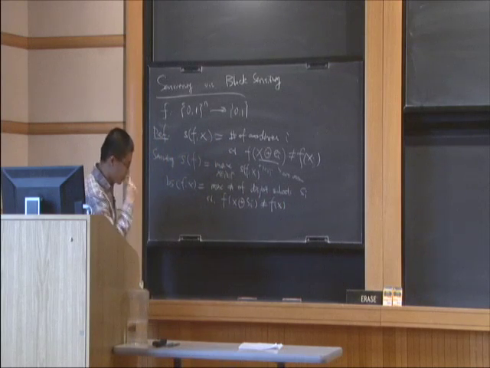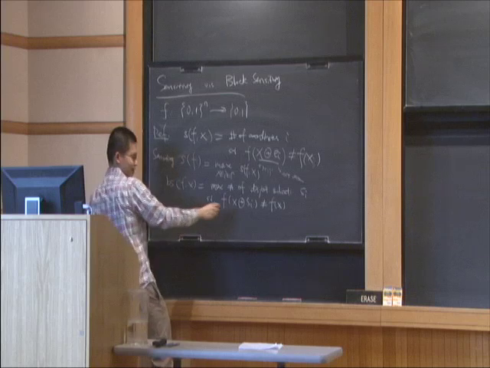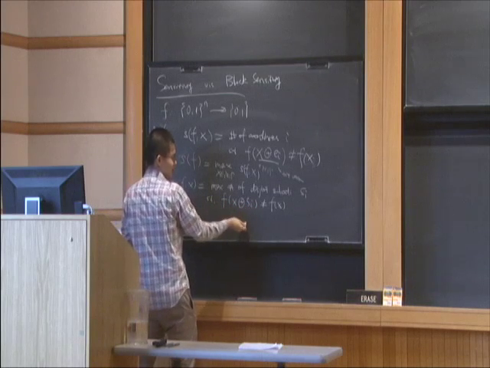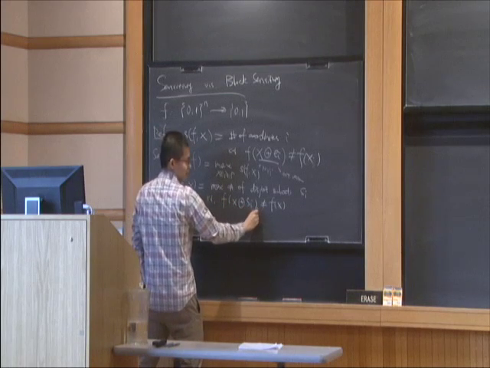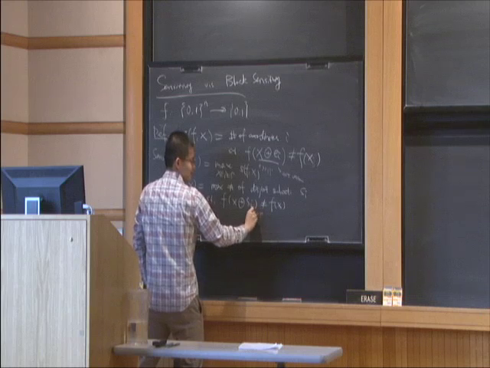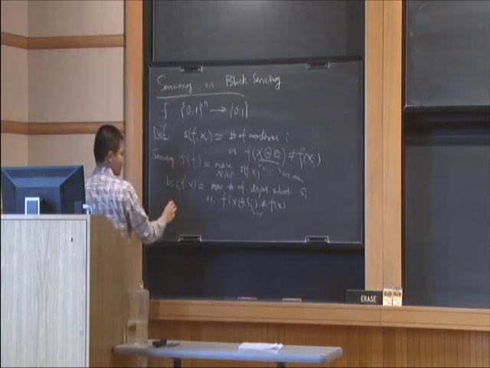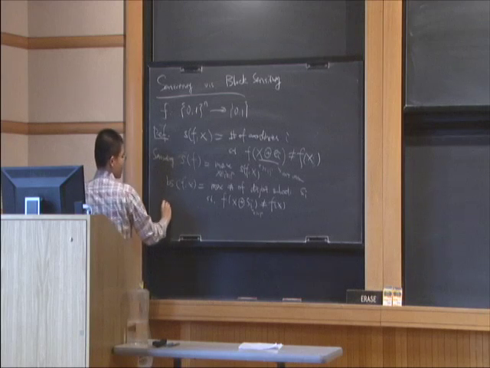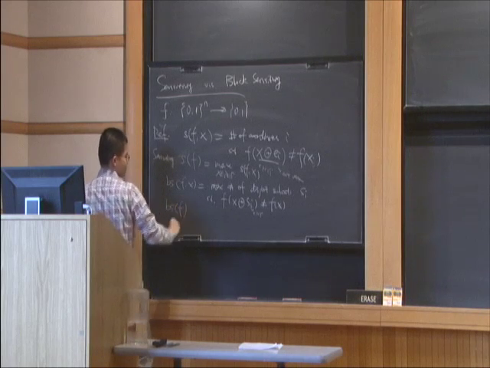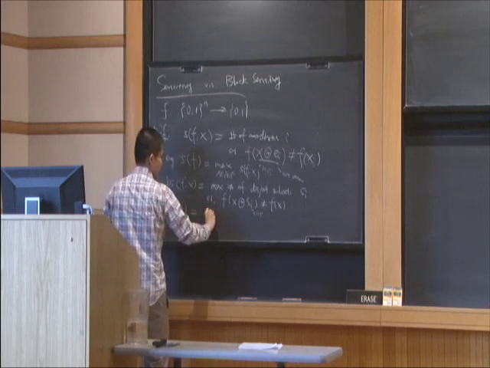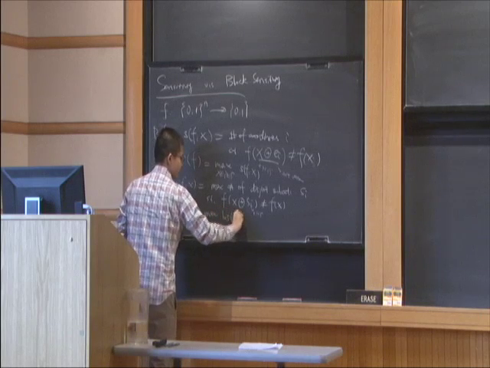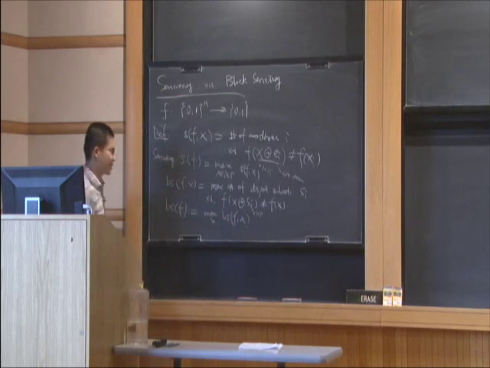Here I slightly abused the notation because I think of the subset as a 0,1 vector. I hope everybody can agree with me. And similarly, we define the global block sensitivity to be the maximum local block sensitivity.